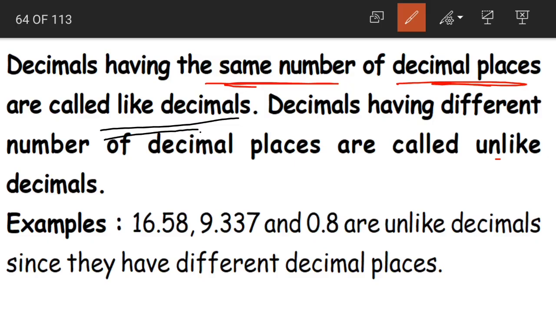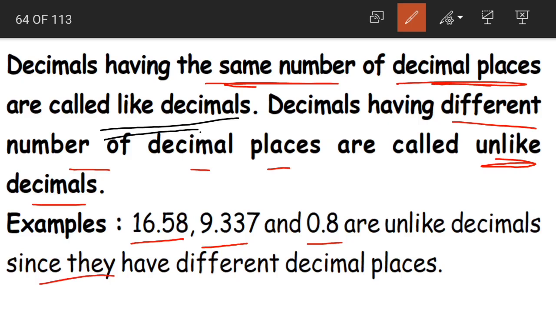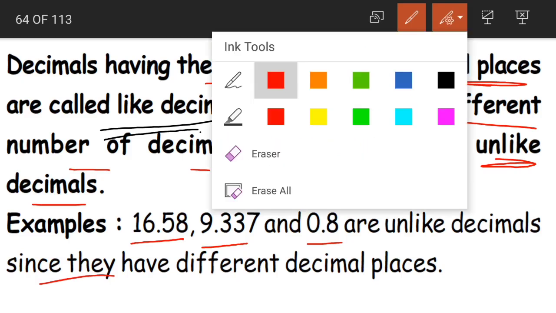Now what about unlike decimals? Decimals having different numbers of decimal places are called unlike decimals. Example: 16.58, 9.337, 0.8 are all unlike decimals since they have different decimal places.